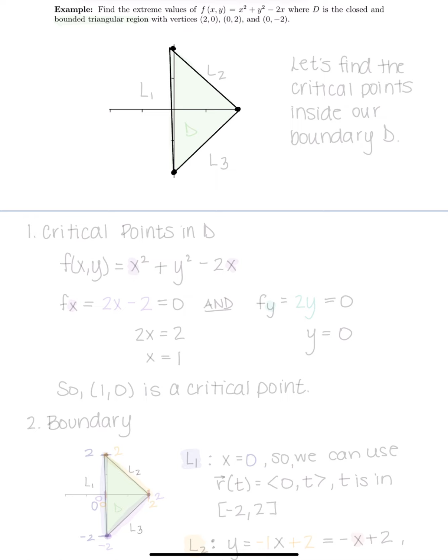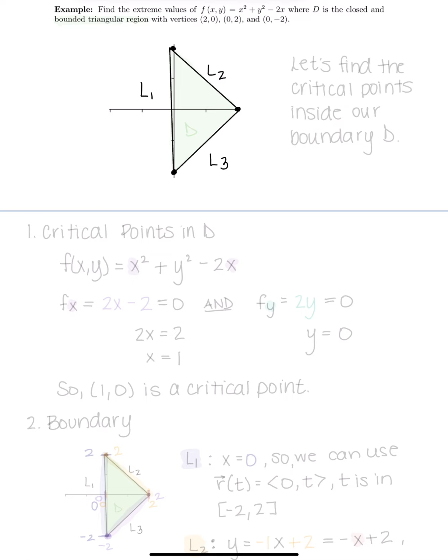So we've got a line 1, a line 2, and a line 3 here. And we know that our function is continuous because we're not worried about square roots or denominators. What we do need to do is work on our critical points that are inside of our bounded region.